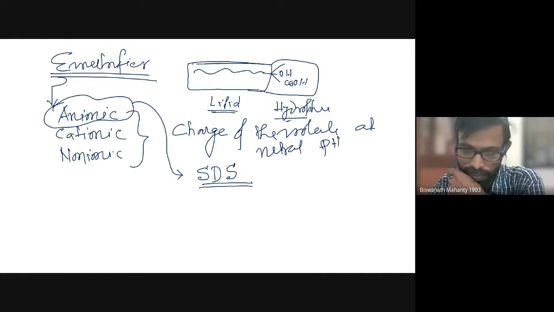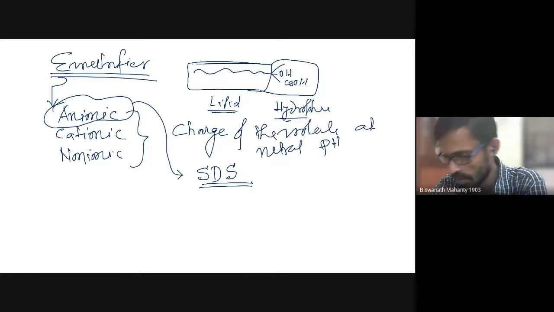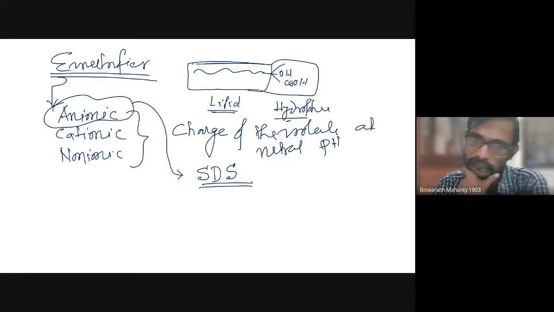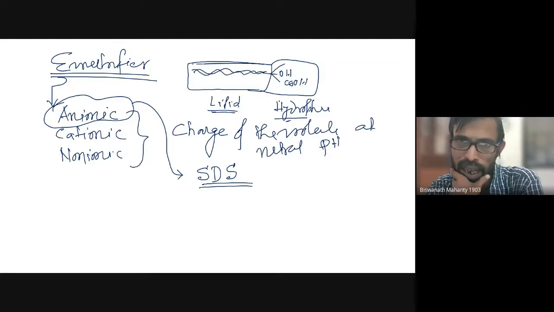Sodium dodecyl sulfate. So sodium is the salt, dodecyl is the long chain length of the backbone, and sulfate functionalities are also there, so it will make it the hydrophilic group. So SDS can be one example of the anionic surfactant we normally use.